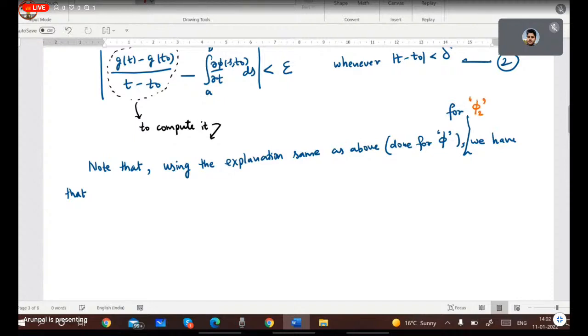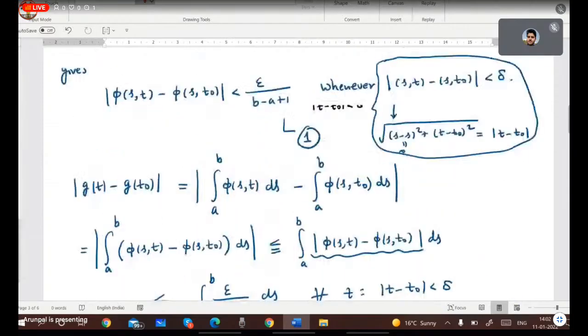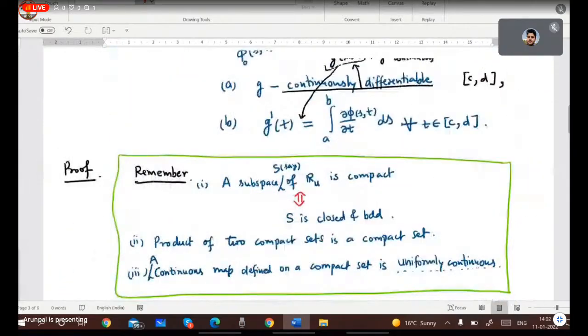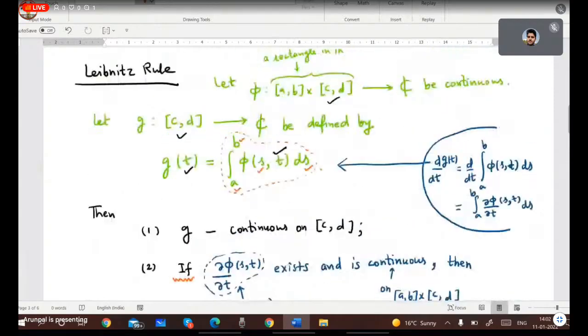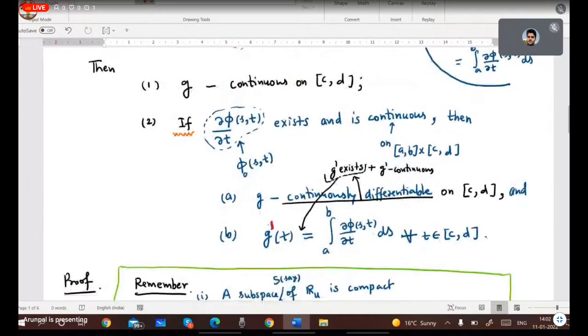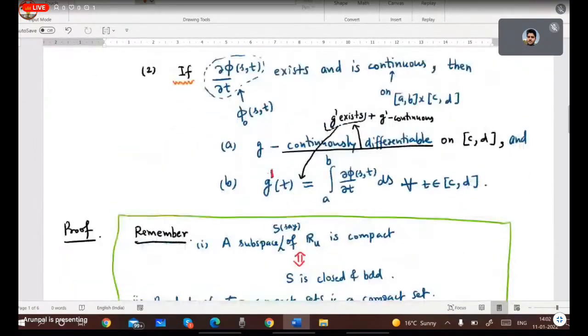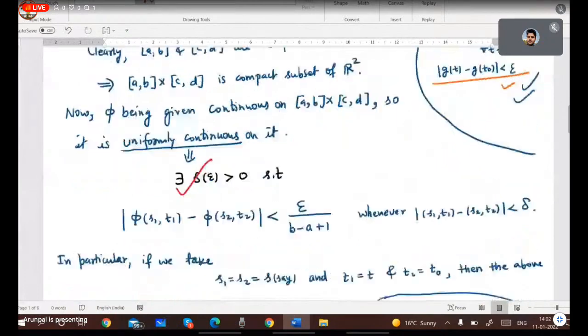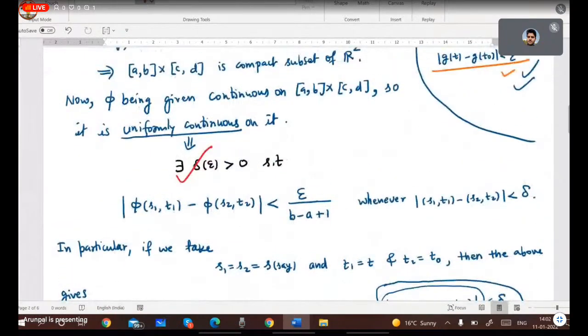Now class, take a note. If you notice, class, in the definition of G, this phi is the integrand. And I showed you while proving this first part that phi is uniformly continuous. Using this fact, we established this relation, class.